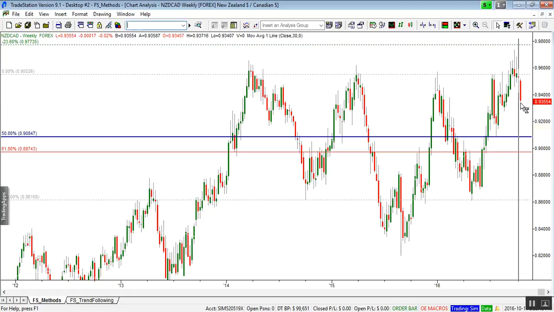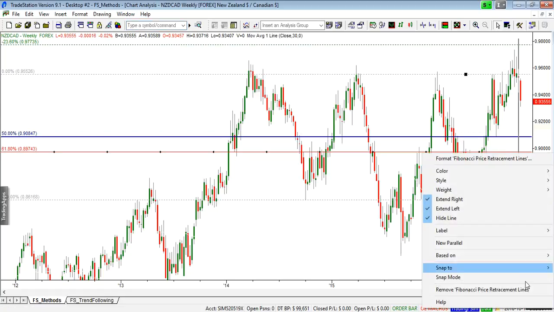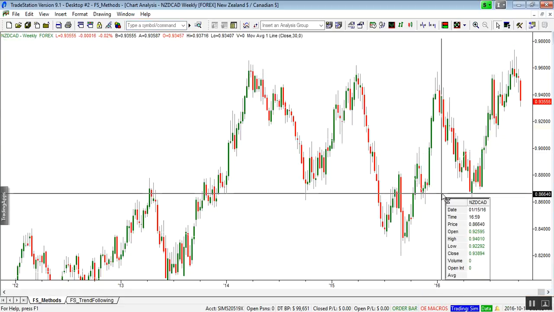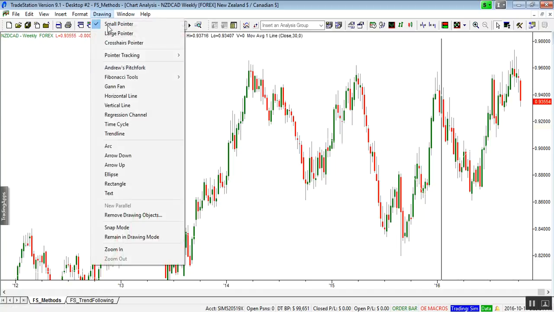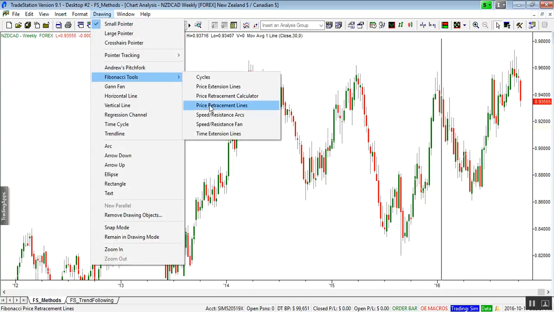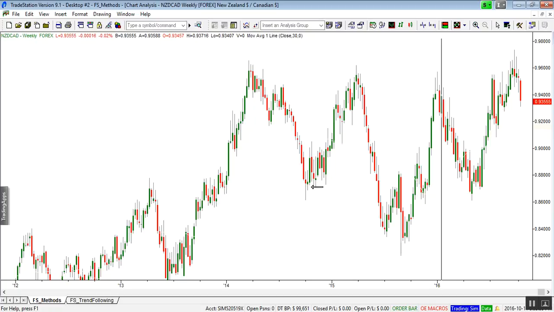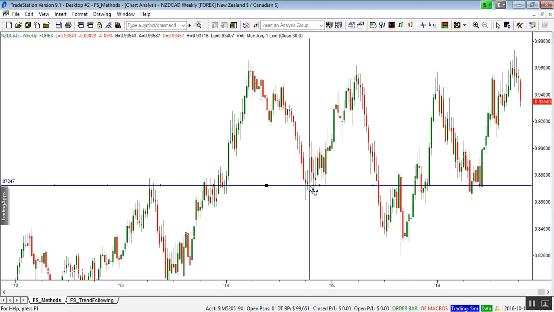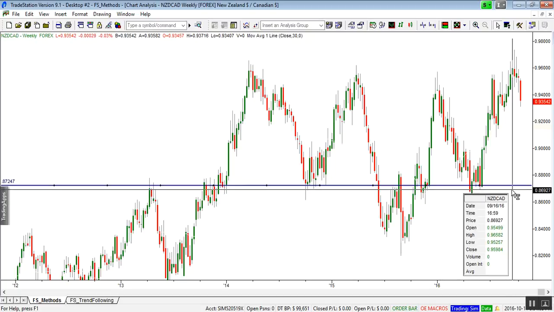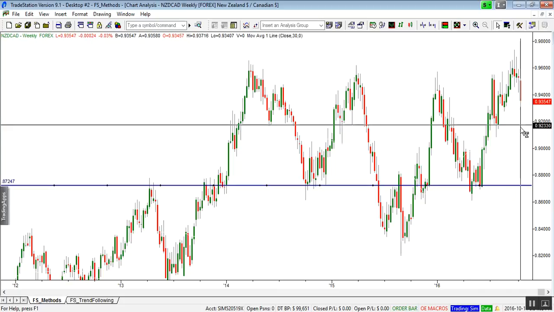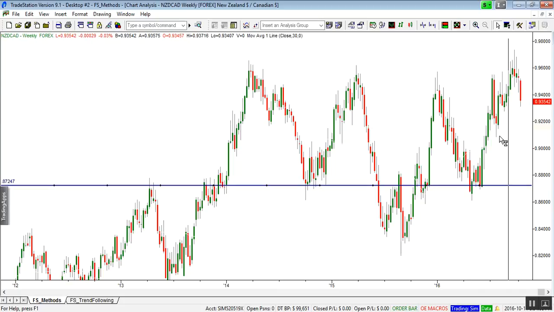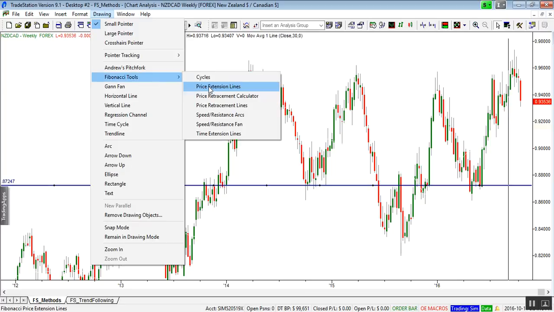That could be an opportunity to sell this market, and this market could have the potential to keep moving laterally here and trade along again into the 87.42. So it's quite a move there, and we'll see whether that is going to happen.